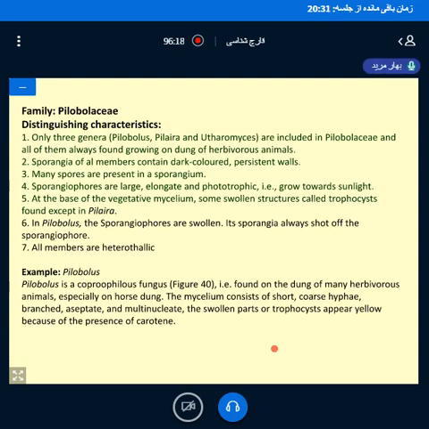Sporangiophores are large, elongate, and phototropic, growing toward sunlight. Phototropic means growing toward sunlight. At the base of the vegetative mycelium, some swollen structures called trophocysts are found, except in Pilaira. In Pilobolus, the sporangiophores are swollen. Its sporangia always shoot off the sporangiophore. All members are heterothallic.